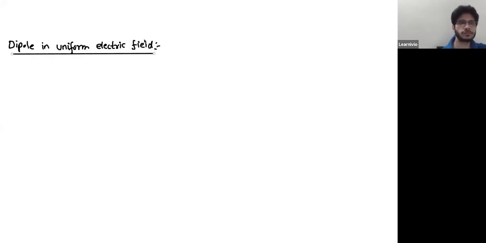Now the next is, what will happen if instead of a point charge, I place a dipole in uniform electric field? Dipole in uniform electric field. So this is a uniform electric field.